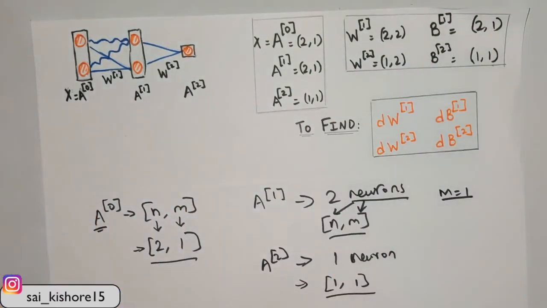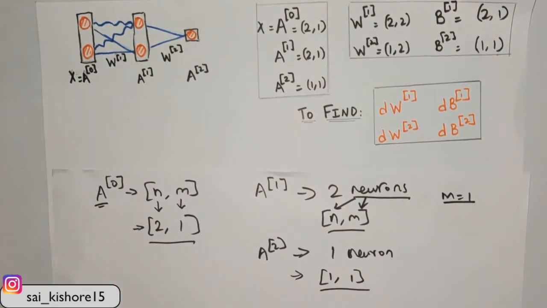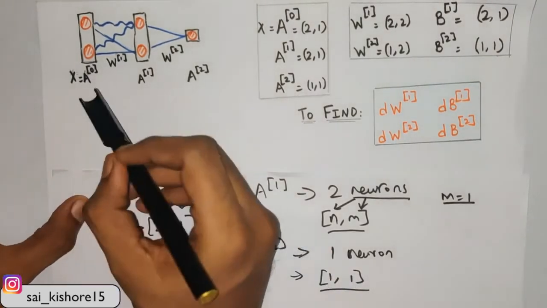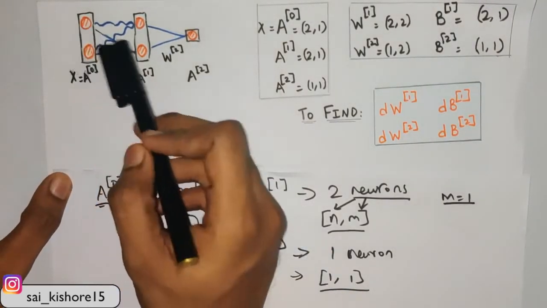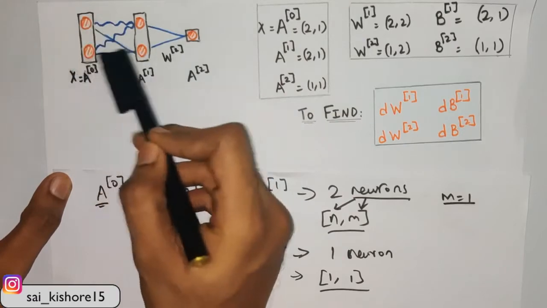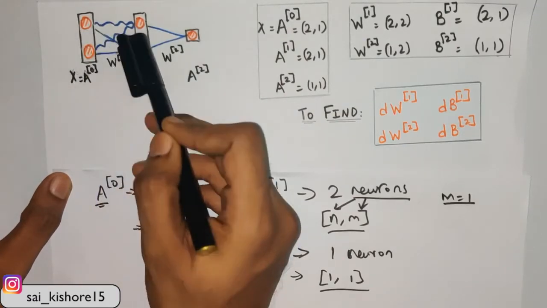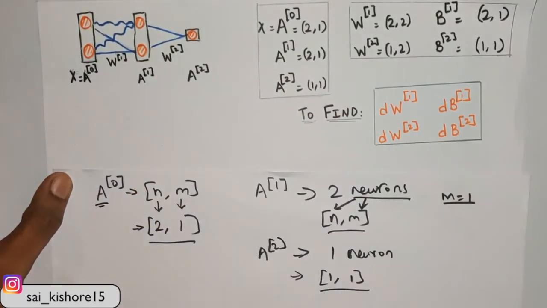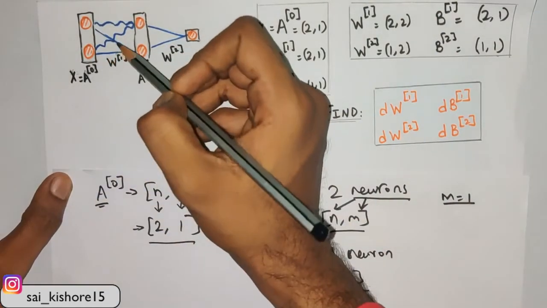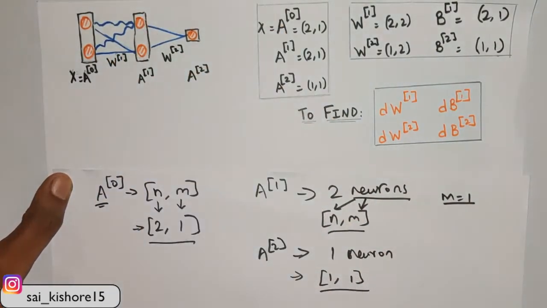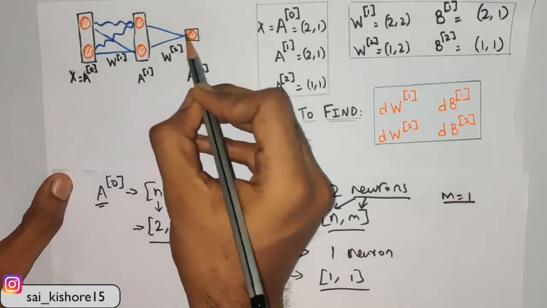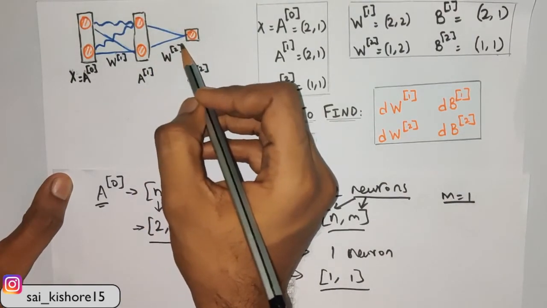Now let's look at the weights. As you can see, the weights are represented by the blue lines here. So the straight line represents the weight associated with this neuron, and the curvy lines represent the weights associated with this neuron. And similarly, we have weights for the next layer.